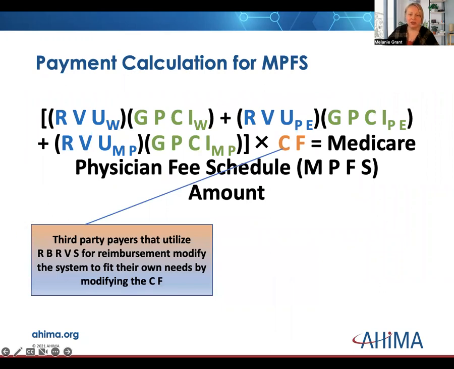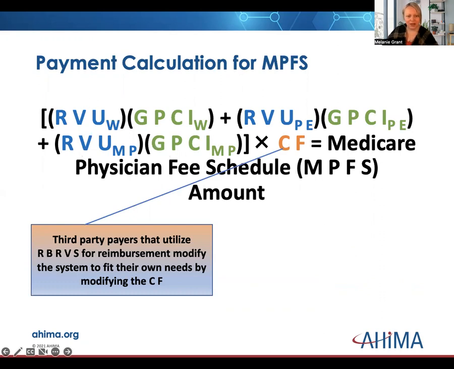First, though, let's look at what that calculation actually looks at when determining the Medicare Physician Fee Schedule amount, or MPFS. Here we can see payment calculations are determined based off of the RVU work, GPCI work, plus RVU physical effort, GPCI physical effort, plus RVU malpractice and GPCI malpractice to get a total equation.